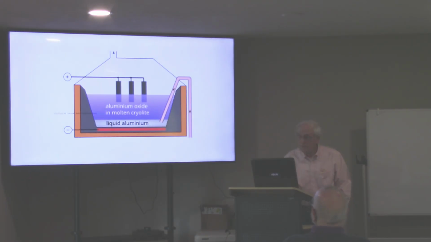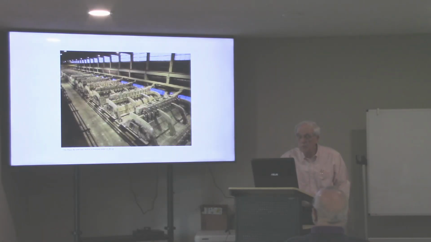This is a typical pot that makes aluminum. You got an anode and you got a cathode. And the typical pot room looks like this. This is one room. A pot line has 2 rooms. Power goes down, it comes back.